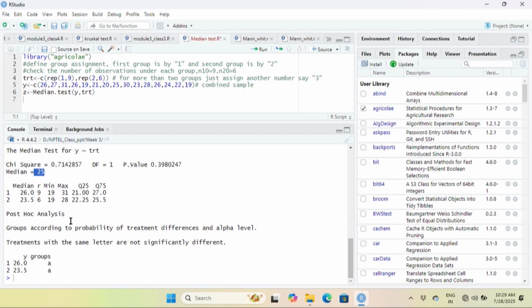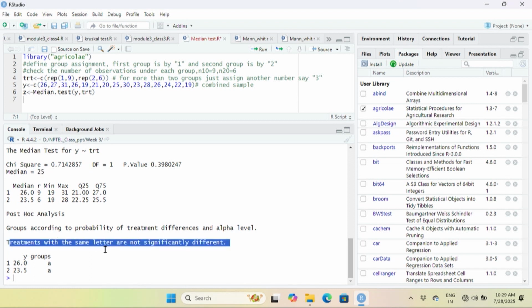So post hoc analysis is easier, but in case you have 3 groups and you would like to check whether the median of each of the groups are same or not, okay? So mu1 median is equal to mu2 median is equal to mu3 median, then post hoc analysis will be of your great help. So in this case, you will look at this.